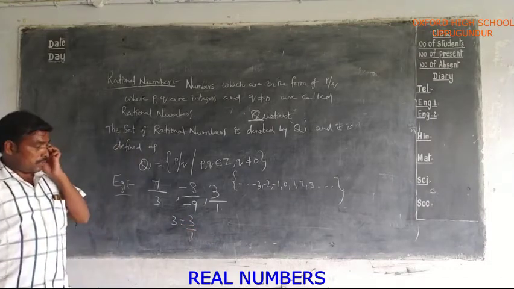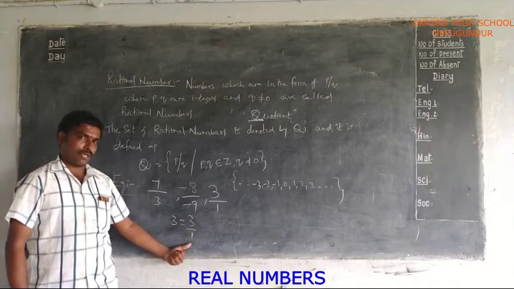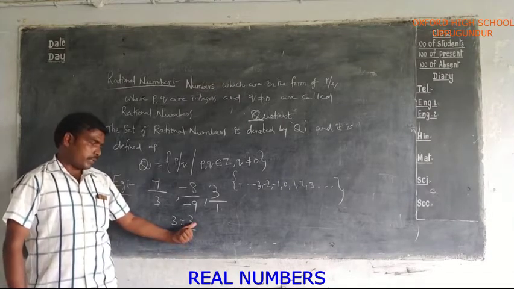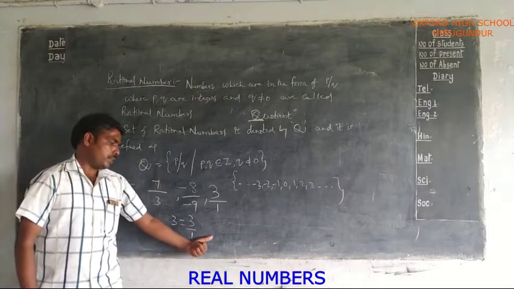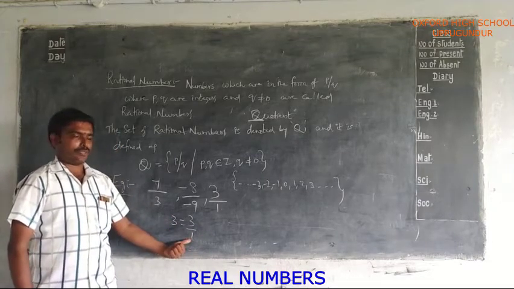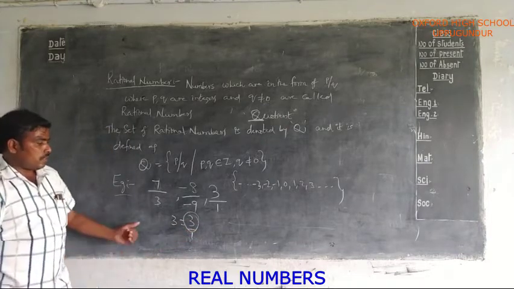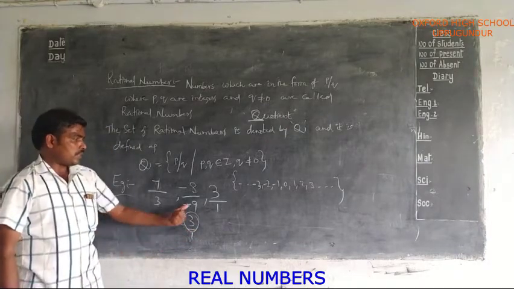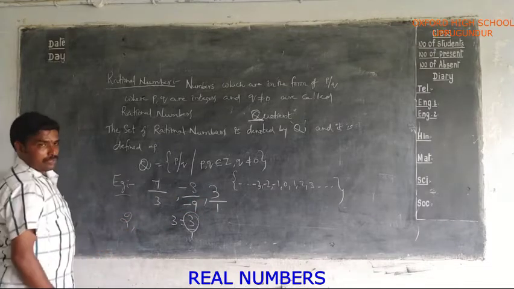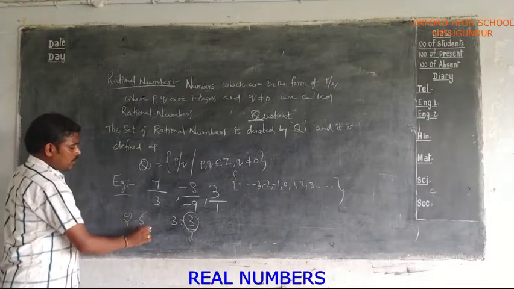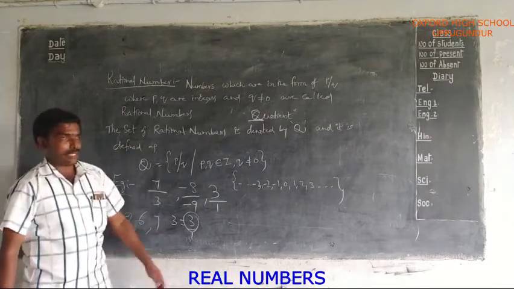The numerator 3 belongs to integers, the denominator 1 also belongs to integers, and the denominator is not equal to 0. Therefore, 3 is a rational number. Similarly 2, 6, 7 are also rational numbers. Like this, all these are rational numbers.